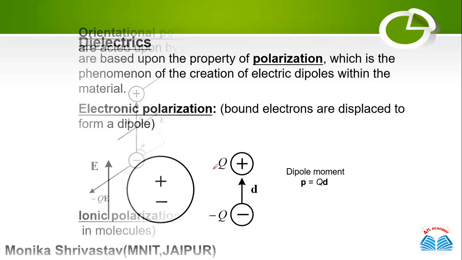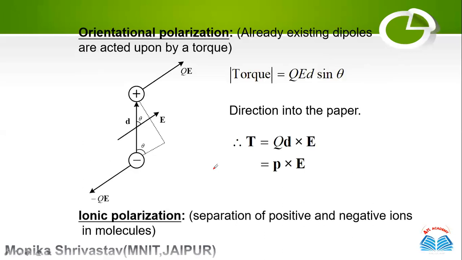So what are the effects if we are generating a dipole in a dielectric? Orientational polarization and ionic polarization, we will study these. What is orientational polarization? Orientational polarization is when already existing dipoles are acted upon by a torque.